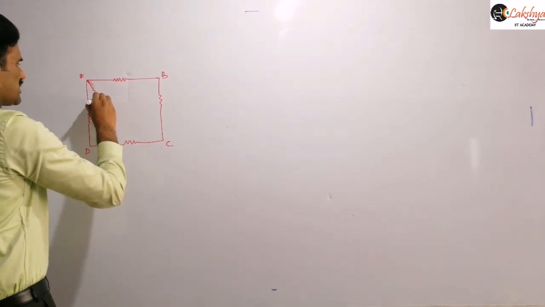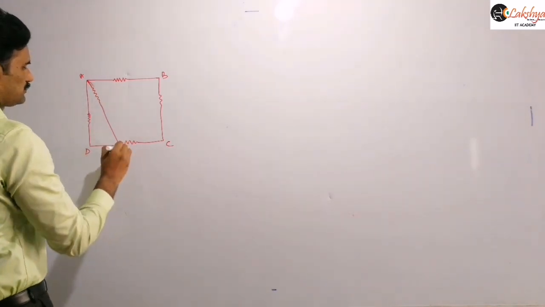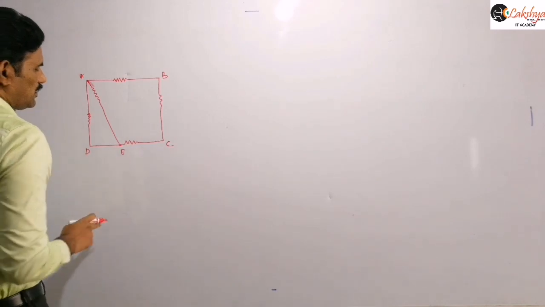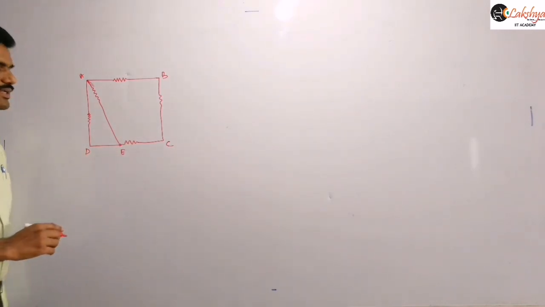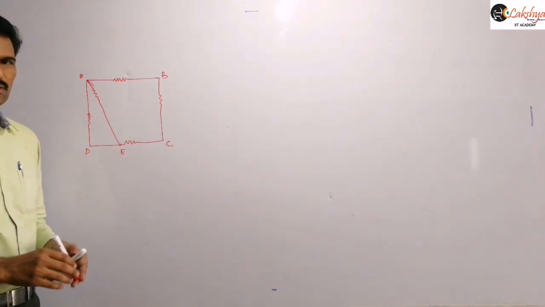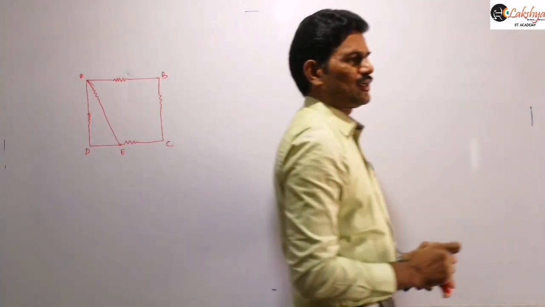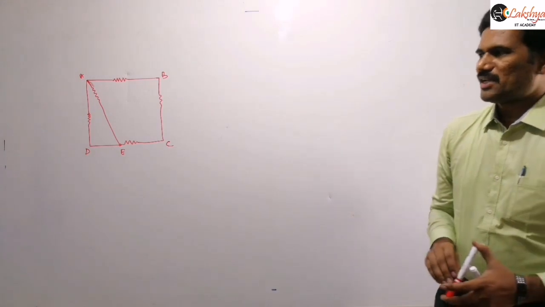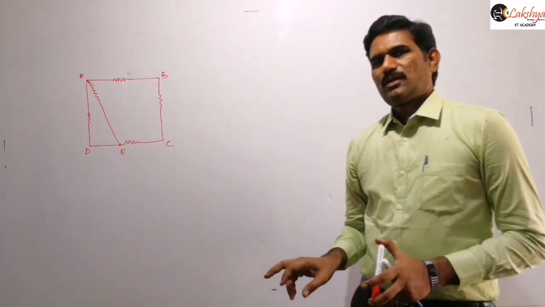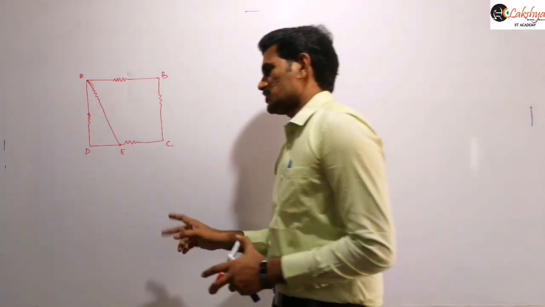Another 1 ohm resistance is connected between point A and point E, which lies between C and D.